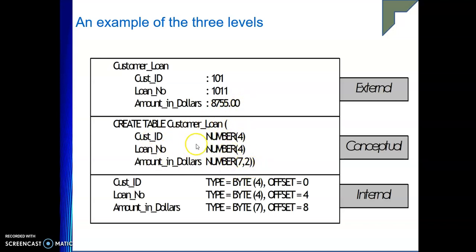This becomes the conceptual view, where I look at customer loan as a table. What I see as an external user is the view, and internally it is how many bytes and offsets the customer ID, loan number, and amount of dollars take, and the way in which it has been stored.